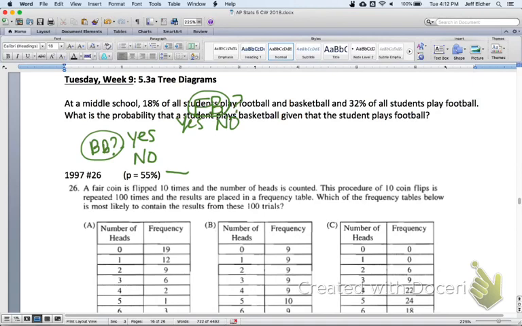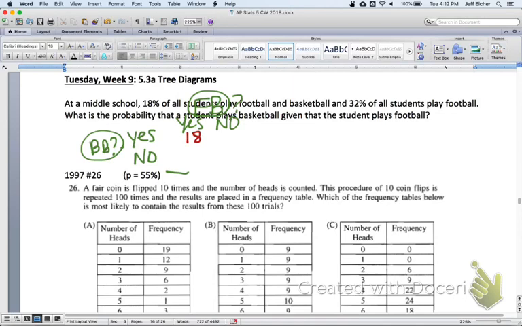So we're told 18% of students do both, so that would be this cell, the yes basketball, yes football, 18%. We'll just imagine that there are exactly 100 and exactly 18 out of 100 play both, so we don't have to deal with the decimals. So we have that, and then we need, let's see, 32% of all students play football.